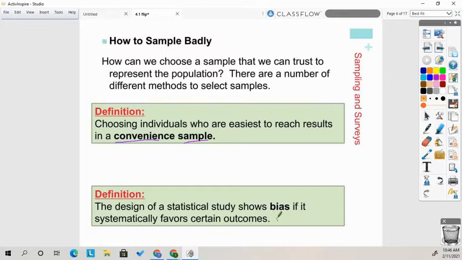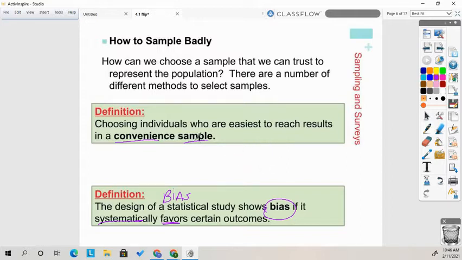That is a convenient sample, and there's a lot of what we call bias in it. So bias is a big word in AP. Bias is any systematic error that will favor a certain outcome. Here's an example with bias in the parking lot situation. If you go to the auditorium parking lot and ask people there if they're happy with the situation, maybe those people were all mad because they really wanted the gym lot and the cove, and they didn't get a cove spot.